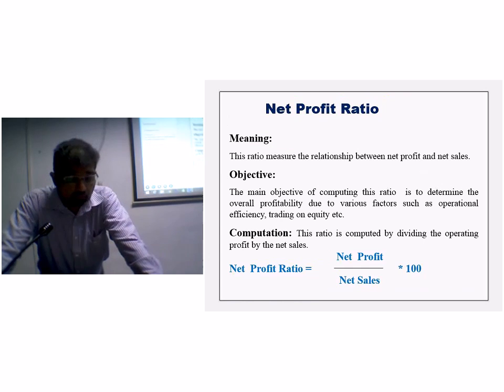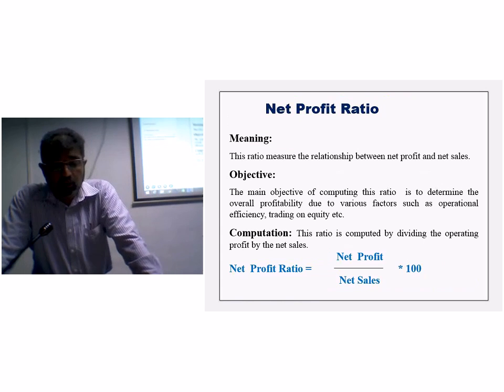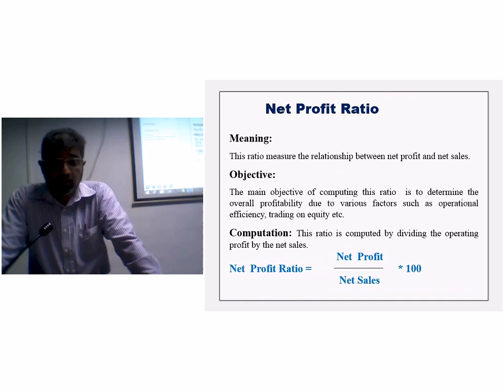Next one, net profit ratio. This ratio measures the relationship between net profit and the net sales. The objective of this measurement is to determine the overall profitability due to various factors such as operational efficiency, trading on equity, right?